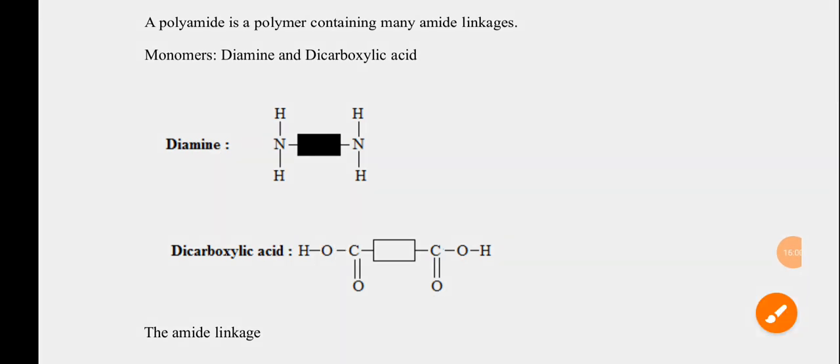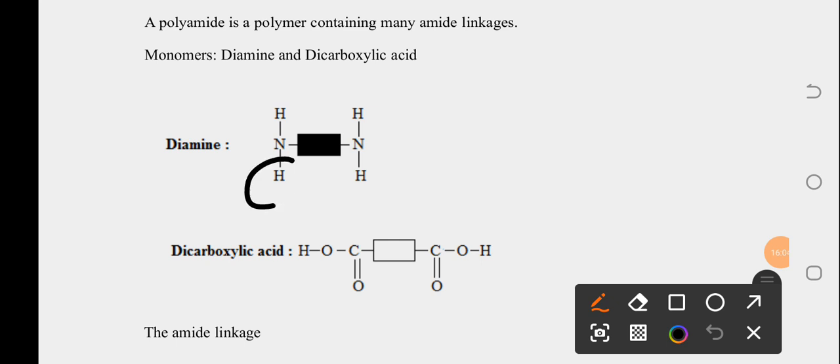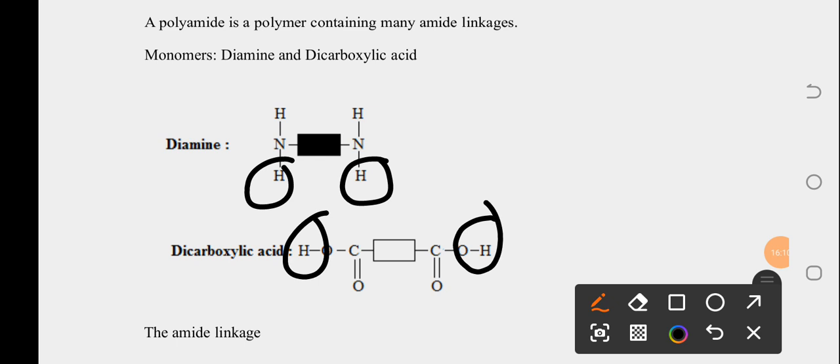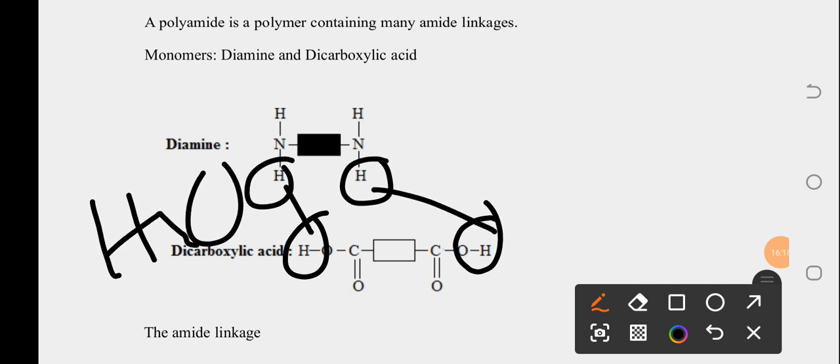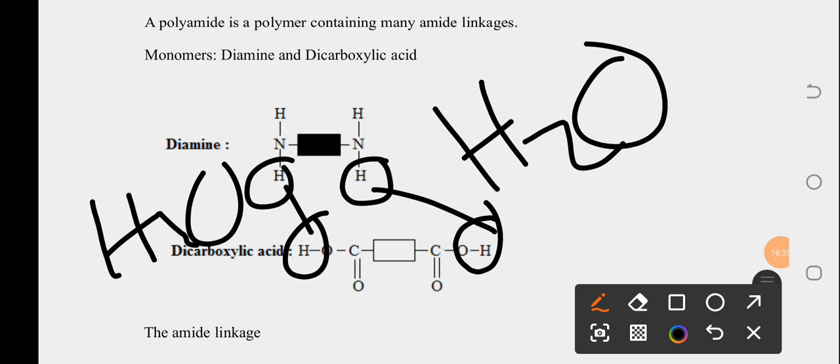The H, also this H, and this O coming from this, result in the formation of water. So that's how a water molecule is formed, as a result of this H and this OH. Also on this part, we've got this H and this OH, and if you combine this, this is giving us a water molecule. I hope you are getting the point.